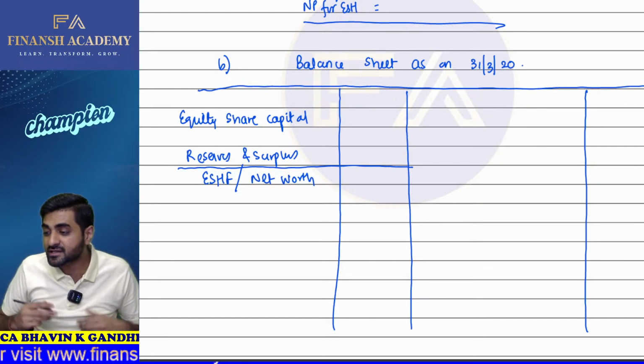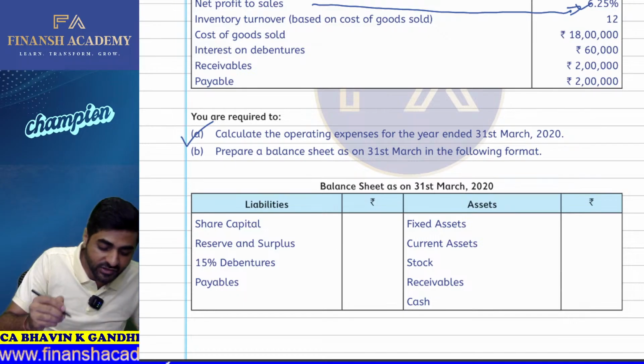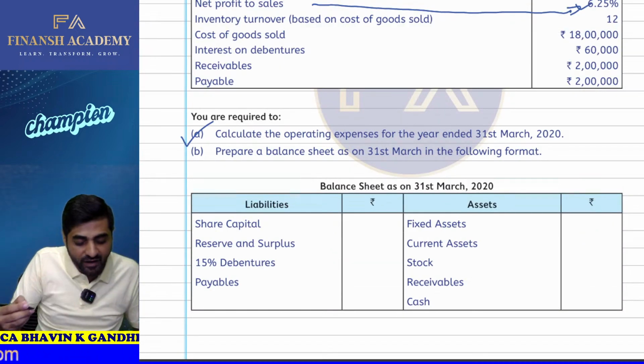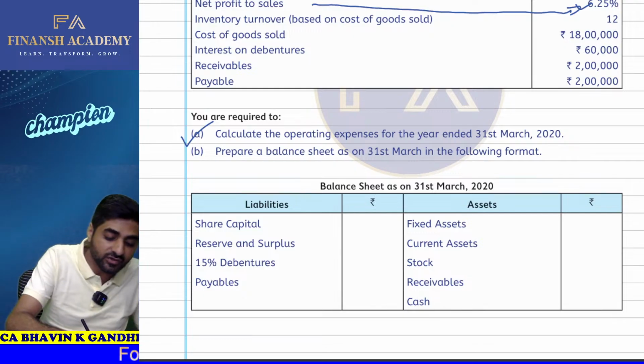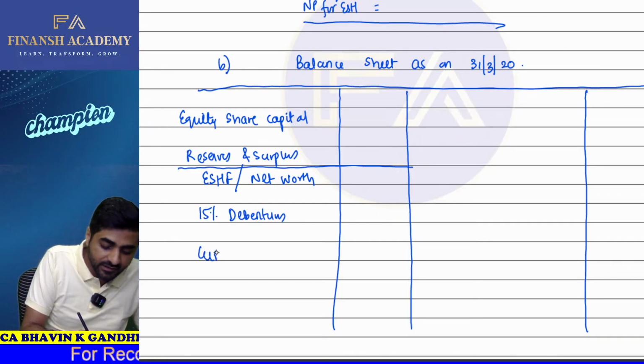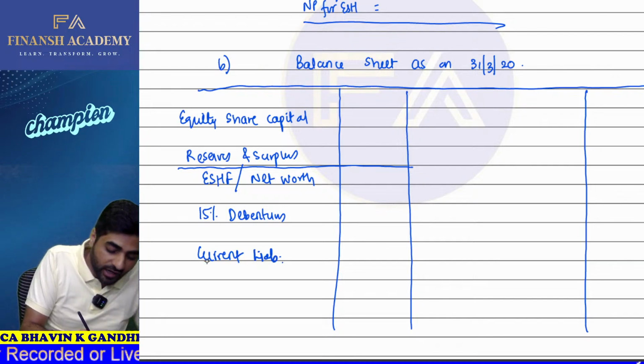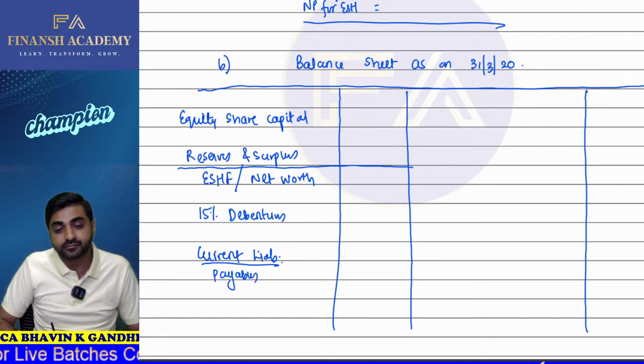And then, my dear students, the next thing we have here is your 15% debentures. So I can write down here 15% debentures. And then what do we have next is your payables. So that will be your current liabilities. In your current liabilities, the next thing we are going to have will be called your payables.